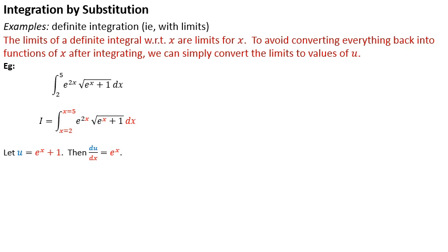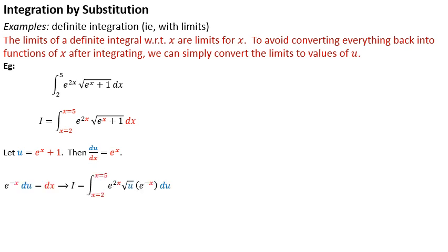We don't like the fact that we have the square root of e to the x plus 1, but it turns out if we set that to be our new variable, u equals e to the x plus 1, then its derivative, which is e to the x, does appear as a factor of the integral. It's not the only other thing. We've got e to the 2x, so e to the x only accounts for some of that, but it does account for some of it, so it will at least combine relatively nicely with what we've already got.